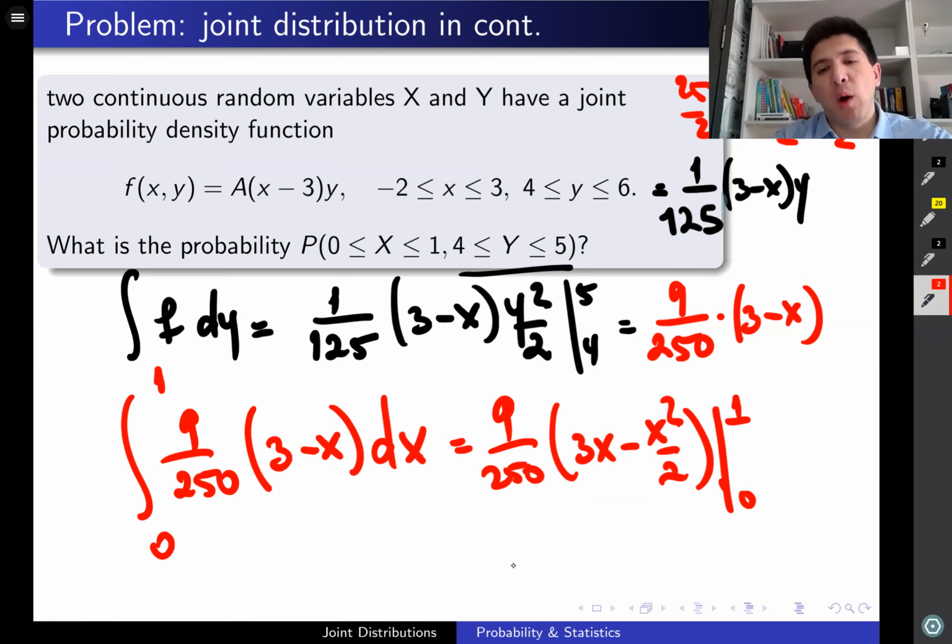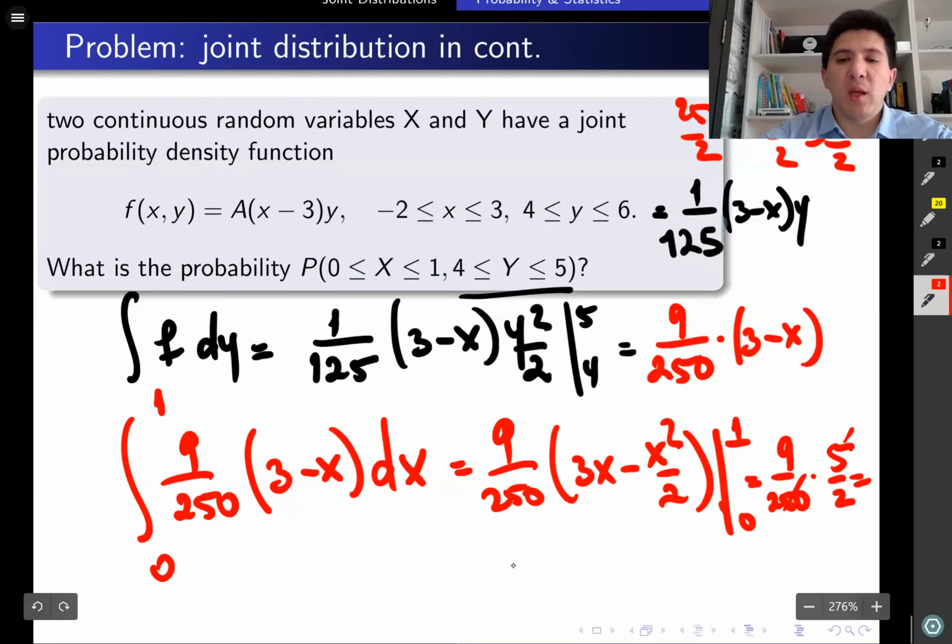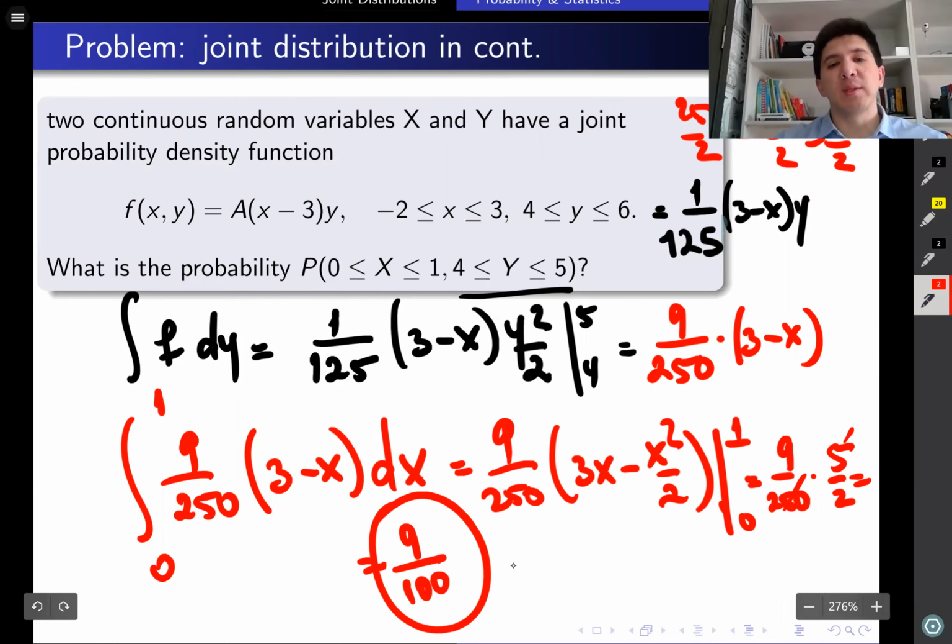Then if I substitute 1, it's 3 minus 1.5, which is equal to 2.5, or 5 over 2. So this is going to be equal to 9 over 250 multiplied by 5 over 2. We can simplify this: it's going to be 9 over 100. So the probability of x between 0 and 1 and y between 4 and 5 is equal to 9 over 100.